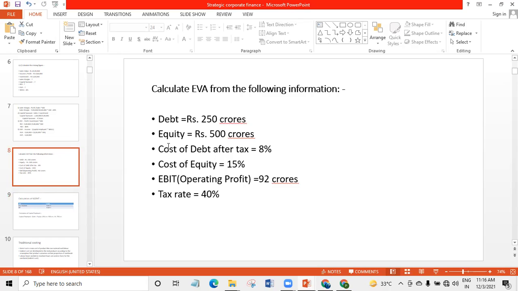How to calculate WACC? First, we have to take out the weight of debt and weight of equity. Then the weight of debt will be multiplied with cost of debt after tax.